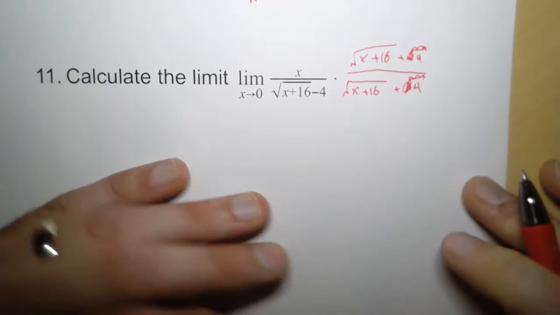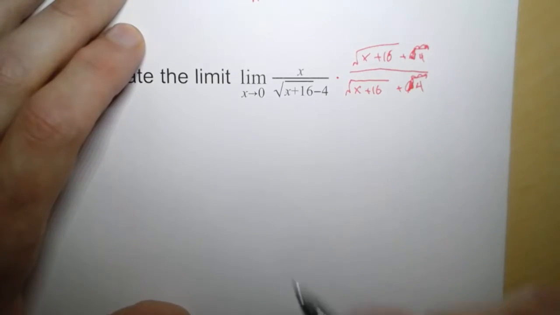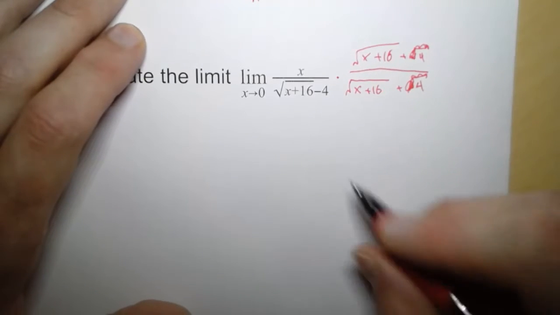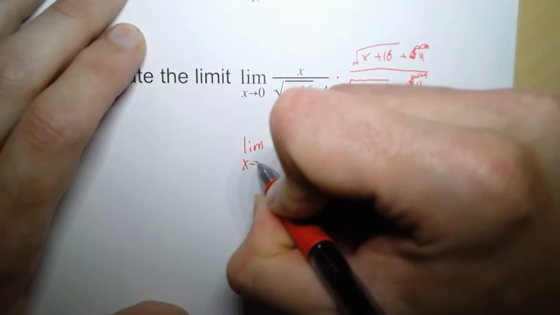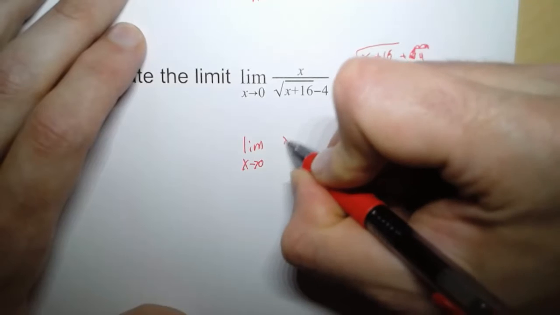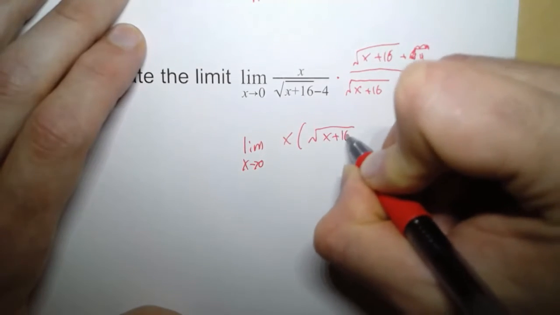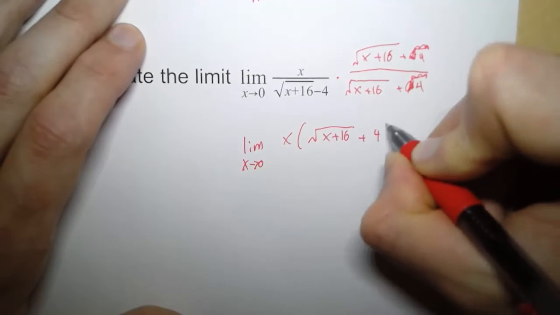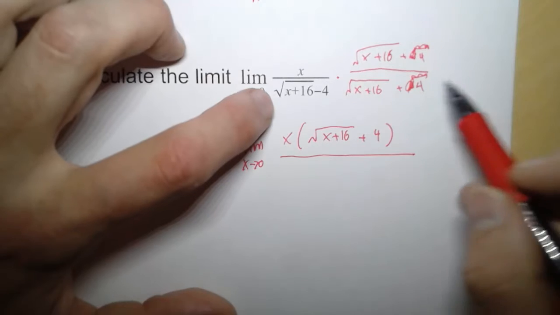Sorry about that. Again, on the top, we don't multiply these together because the x will cancel. So we'll have limit as x approaches 0, x times a quantity, square root of x plus 16 plus 4, no radical.